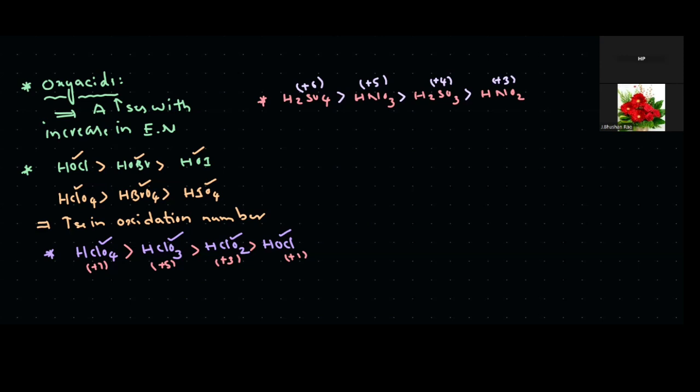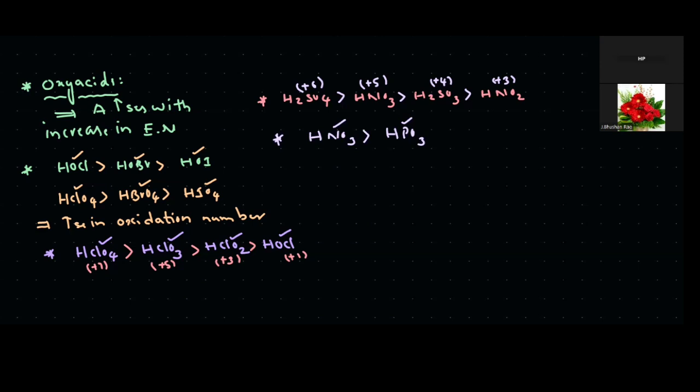For example, HNO3 and HPO3 molecules are given. So nitrogen and phosphorus are in the same family, the same group. Then which one has more acidic nature? HNO3 is always more acidic than the HPO3 molecule.